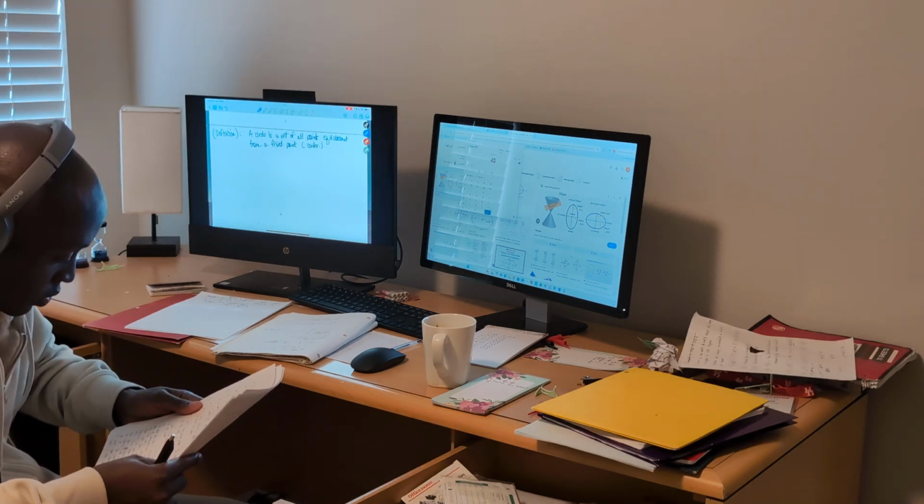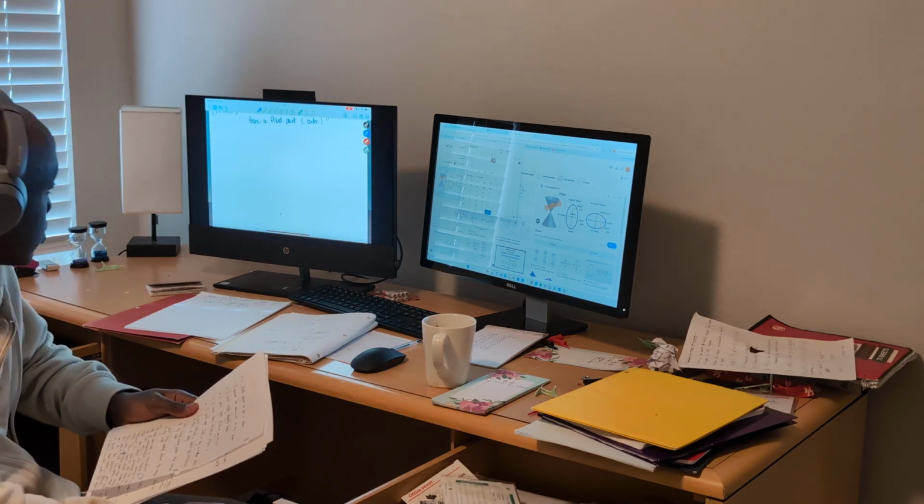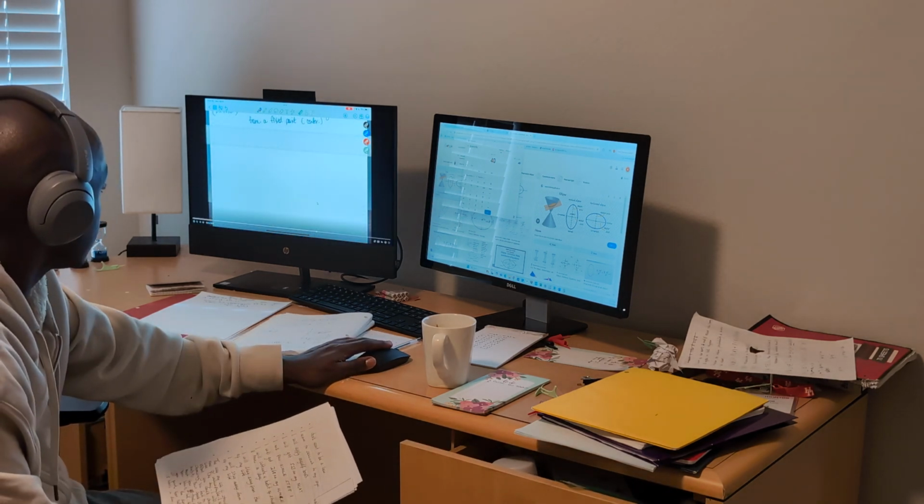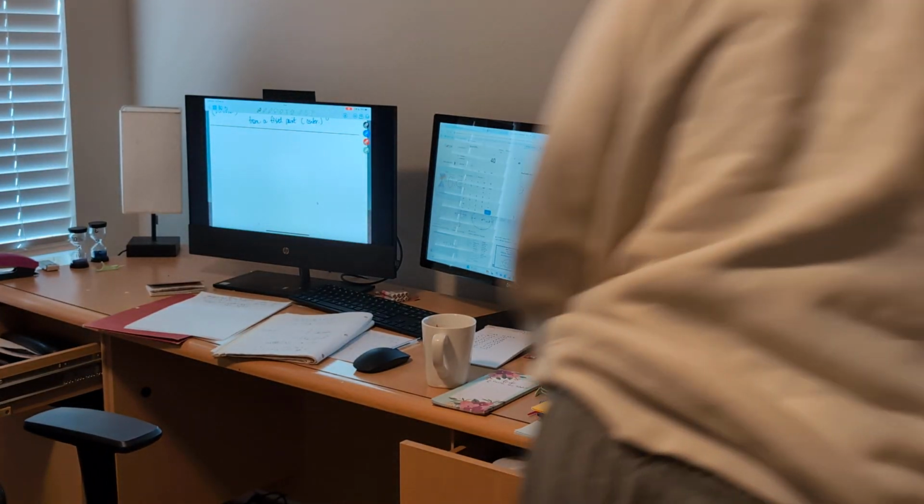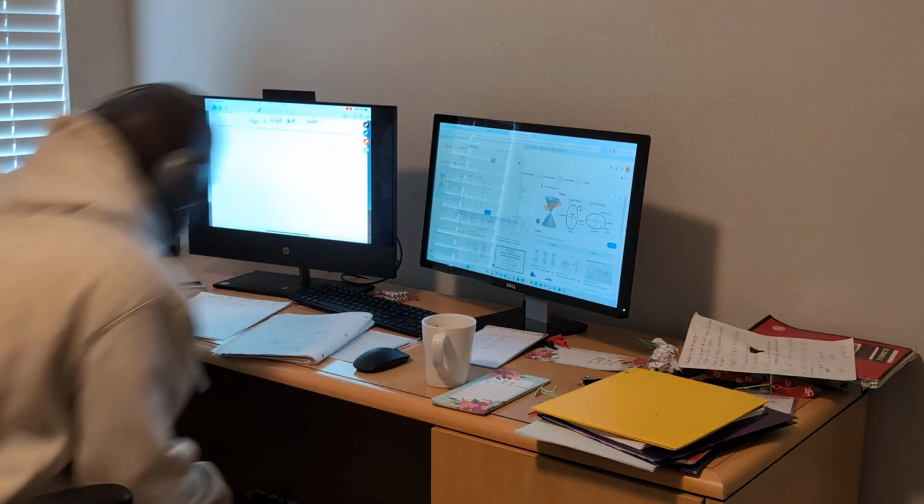Okay, so last skill, should be example 4, yes. Our last skill is going to be how to write an equation if it doesn't come in standard form.